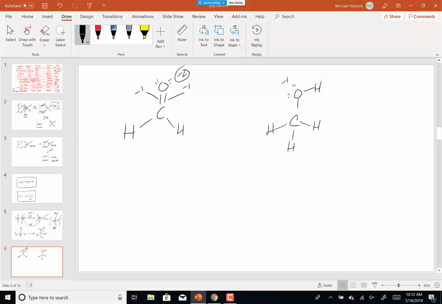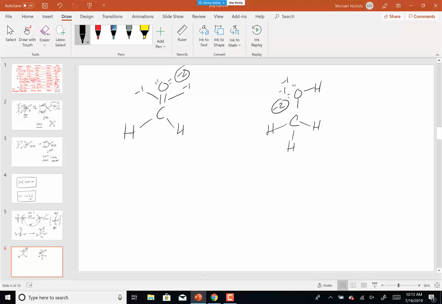Same thing, so now I've got 2 -1 charges, which means that overall the oxygen is -2, because it took away 1 electron from the hydrogen, 1 electron from the carbon. Is this real? No, but oxidation numbers are kind of accounting terms. So that's why the oxygen is -2 in each one of these cases, because it's taking away 1 electron per bond from the atom it's attached to, because it's more electronegative than that atom.